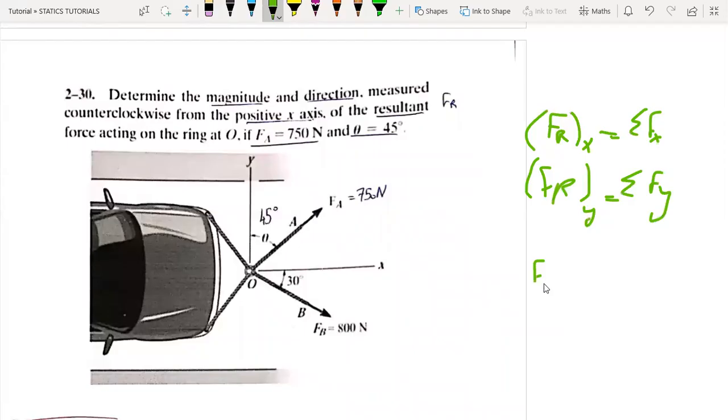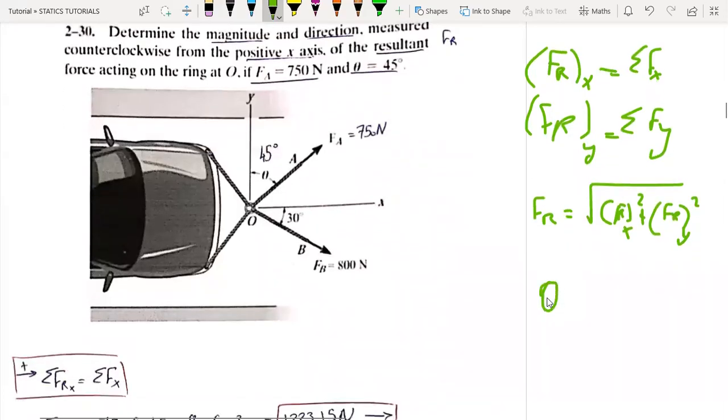And the magnitude of the resultant force will be the square root of the component of FR in the x direction squared plus the component of FR in the y direction squared. And the angle theta with the positive x-axis will be tan minus 1 of FR y over FR x.